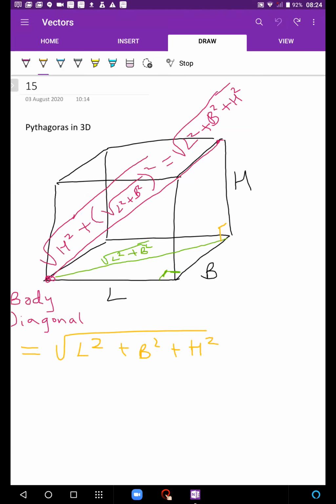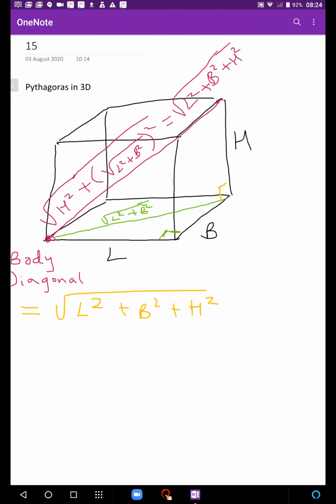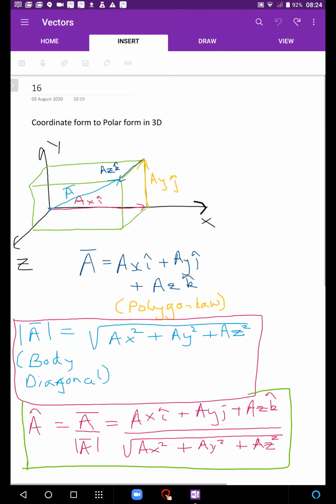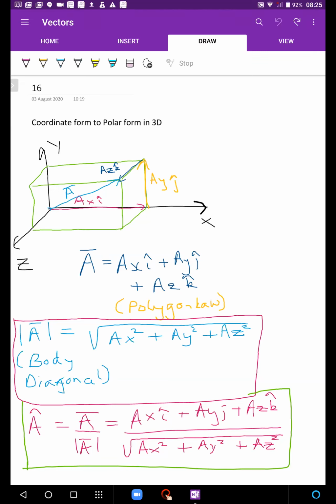And one of you is saying, won't the body diagonal's length include AZ? AZ I cap is nothing, it's AZ K cap first and foremost. Along I cap is AX and along K cap is AZ. Now AZ K cap is a vector.